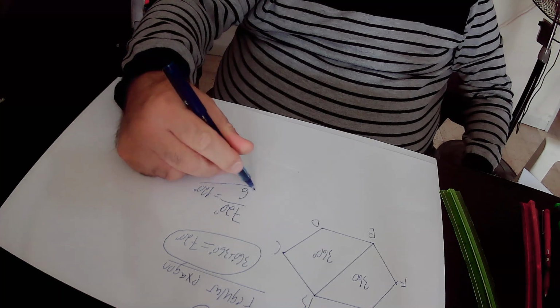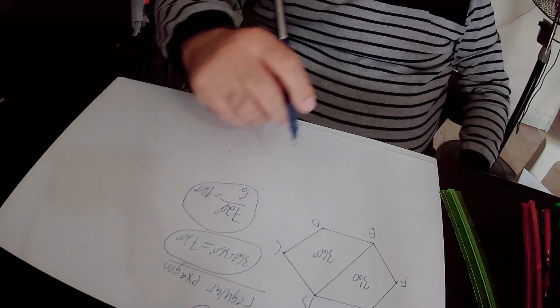So we found out that each interior angle in any regular hexagon equals 120 degrees.